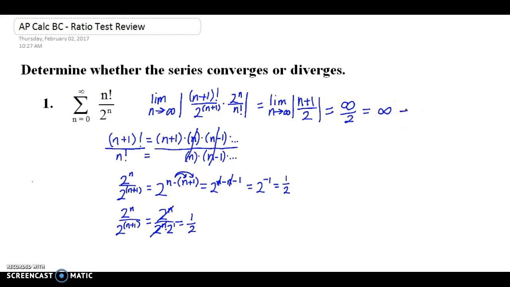And since infinity is greater than 1, this tells us that this series diverges by the ratio test. Pretty simple result, but a lot of good algebra in there.